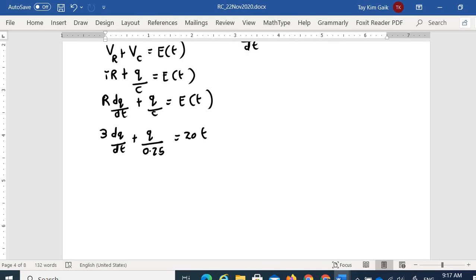And then we divide both hand sides by 3, so that the coefficient for dq dt becomes 1 unit. 0.25 is 1 over 4, so it becomes 4 over 3 q equal to 20 over 3 t.